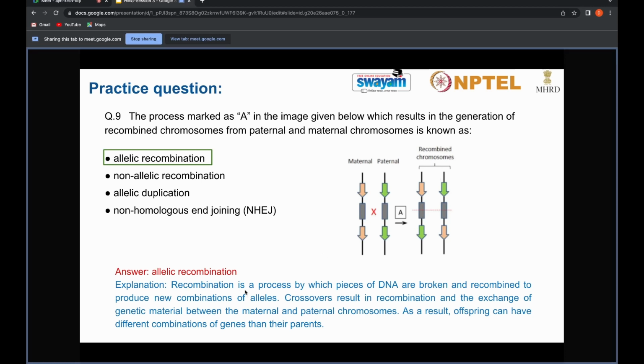So this is the allelic recombination, and recombination is a process by which pieces of DNA are broken and recombined to produce new combinations of alleles. Crossovers result in the recombination and the exchange of genetic material between the maternal and paternal chromosomes. As a result, offspring can have different combinations of genes than their parents. So it's clear from here what kind of recombination this is.